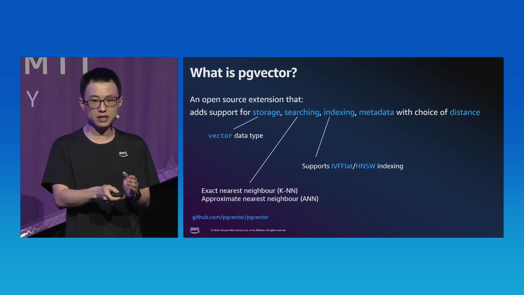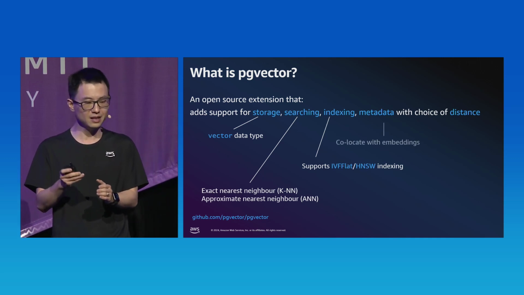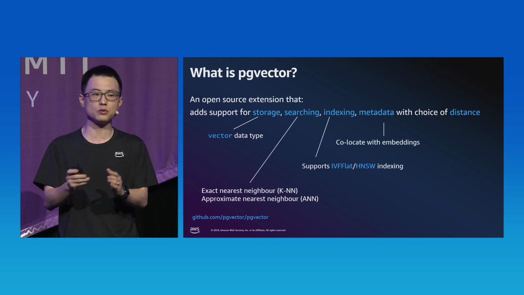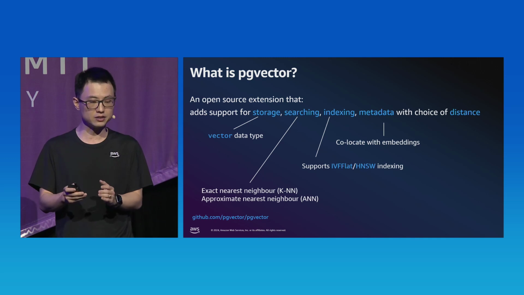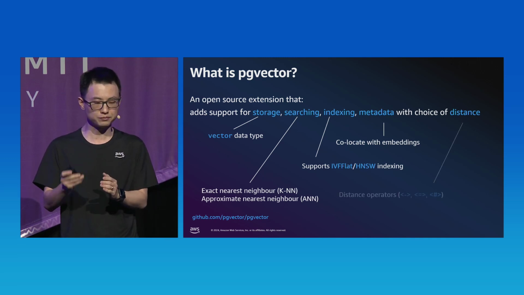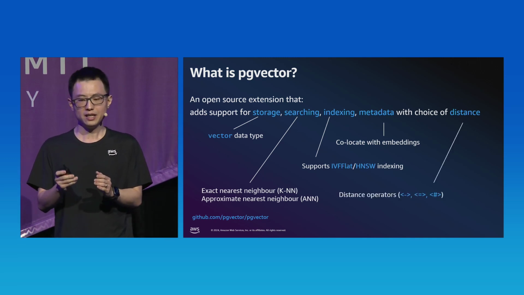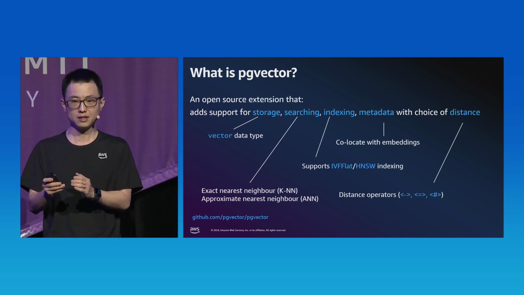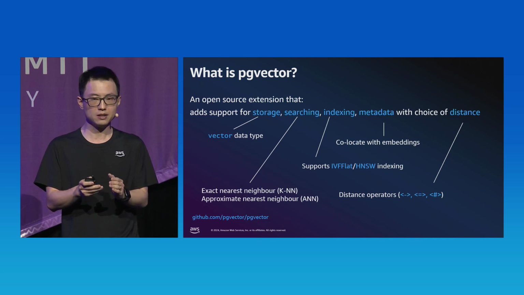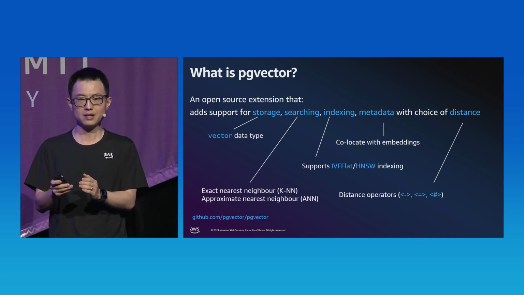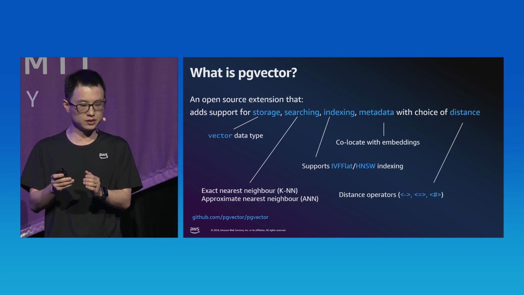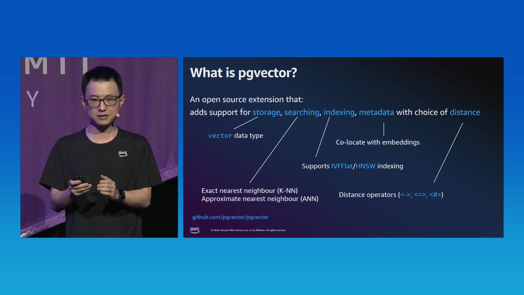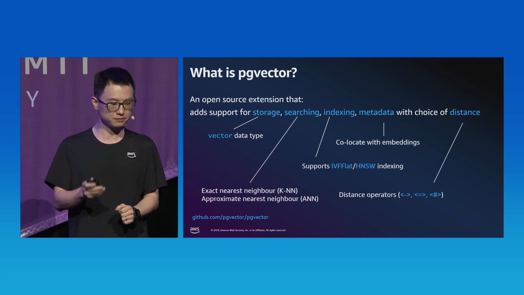I will go into the detail about this very shortly. And as I mentioned, you can co-locate your embedding data with your metadata very conveniently on PostgreSQL. Lastly, it provides three different kinds of distance operators: L2 distance operator, cosine distance operator, and inner product distance operator. You can choose the most suitable one for your use case, which is very convenient.